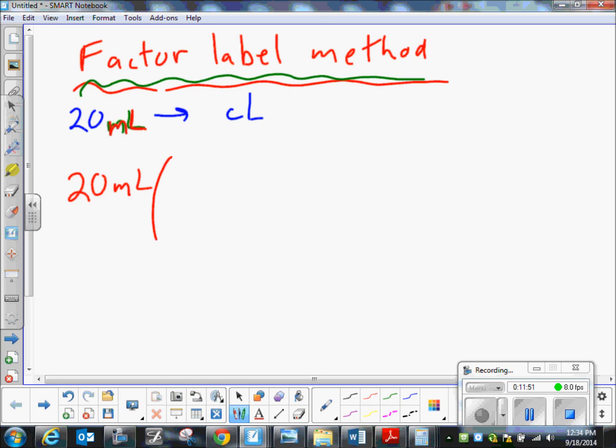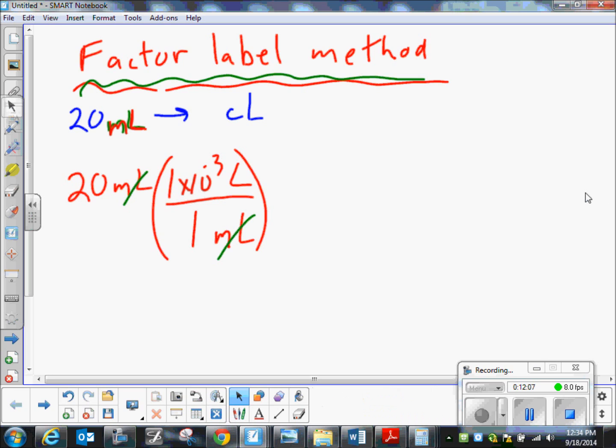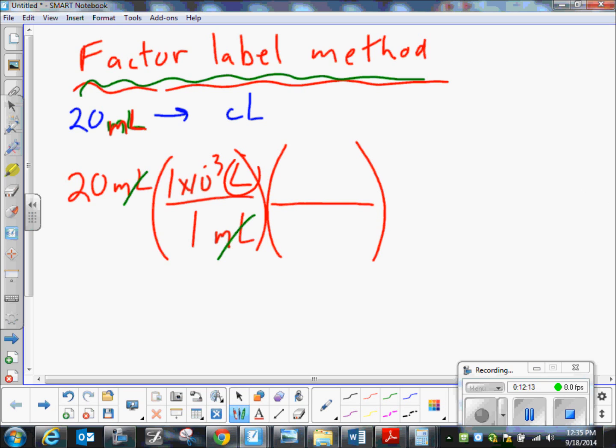Start the same way, and you put milliliters on bottom because that's dictated in order to cancel that out. And 1 milliliter is equal to 1 times 10 to the negative third liters. And I can see that gets canceled out. Now liters isn't what I'm going for, so I have to cancel out this label, so liters has to go on bottom.